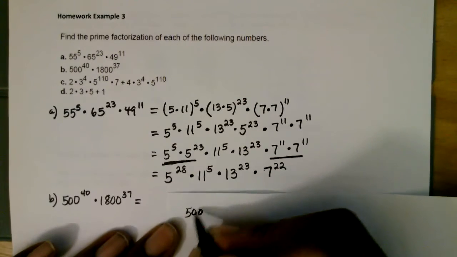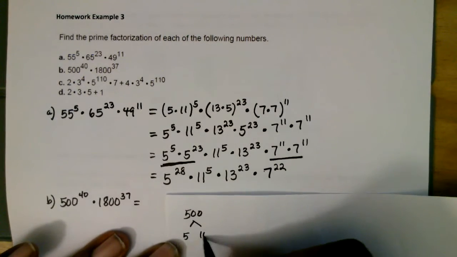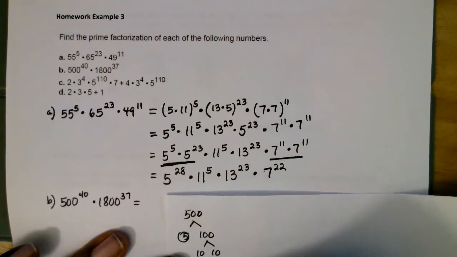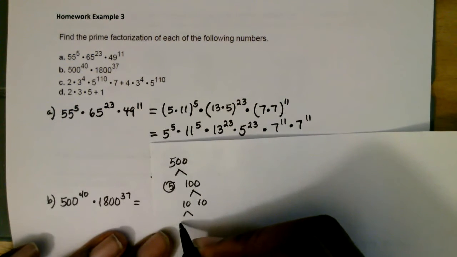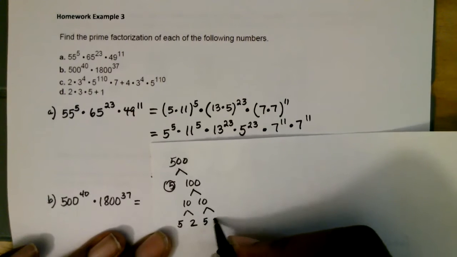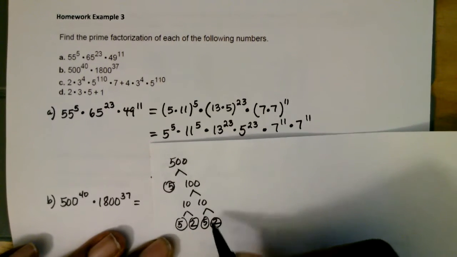That 500, I can write that as, well, let's say 5 times 100. And then 100 will be 10 times 10. And 5 is prime, so I'm circling the 5. 100 is 10 times 10. 10, I can break that up as 5 times 2. This 10, also 5 times 2. 5 and 2 are prime.